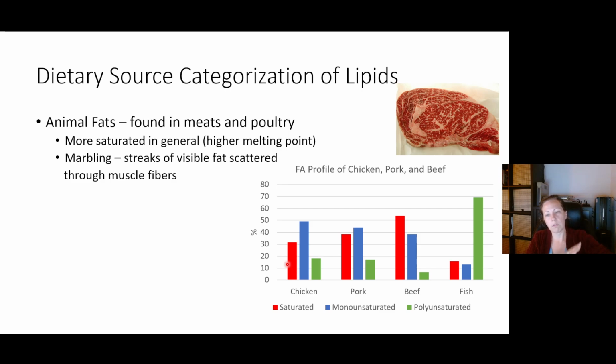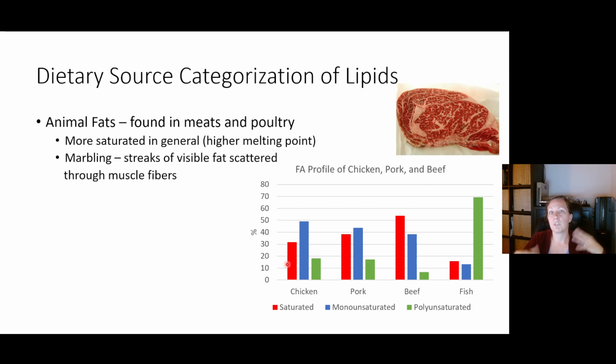So down at the bottom of their legs, the fat cannot be as saturated because it would solidify in their bodies, and they don't want that, right? So it still needs to be liquid. So it has to be more unsaturated down in their extremities than in the main part of their body.